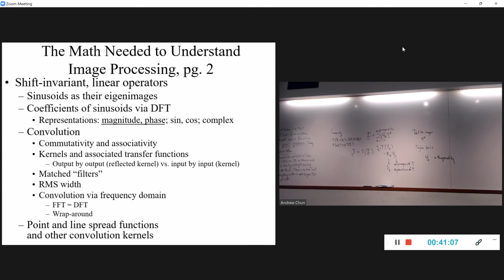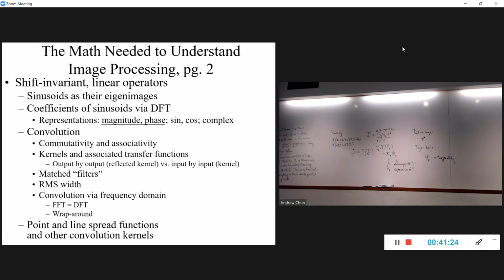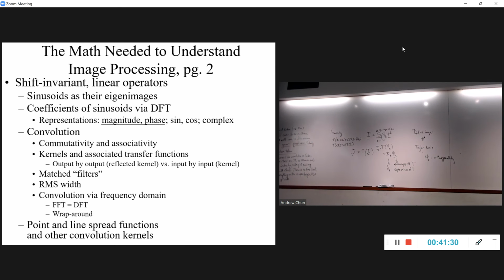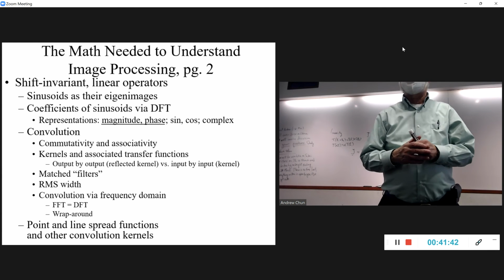And then we saw that that was the same as thinking about output by output, that each output result at each pixel or voxel in 3D was a linear combination of all the surrounding voxels. And that linear combination just turned out to be the reflection of the kernel about 0.